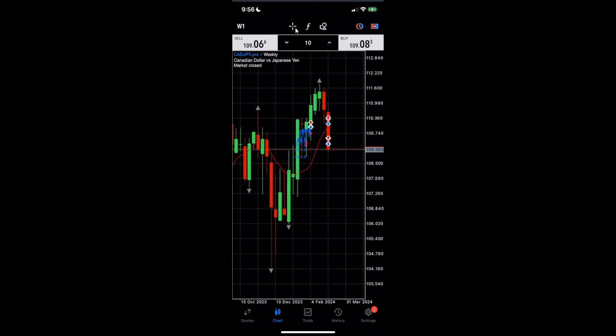For example, it may be telling you when price goes right here, we want you to sell. It may be right here on its way up, but they're telling you when it gets right here, we want you to sell.